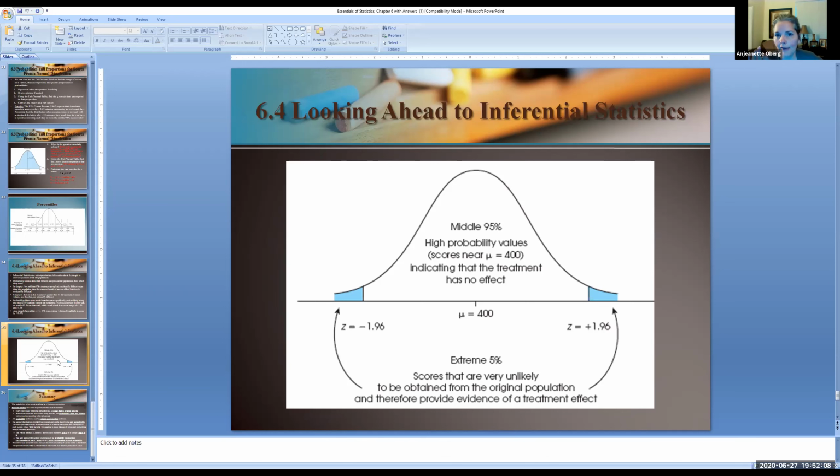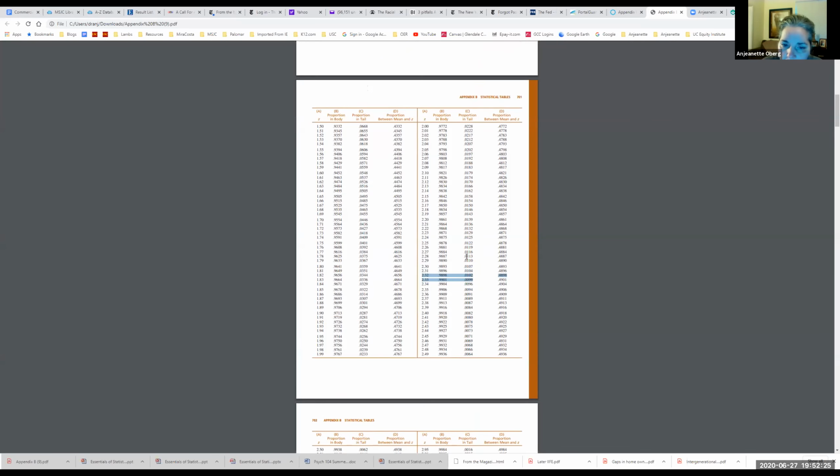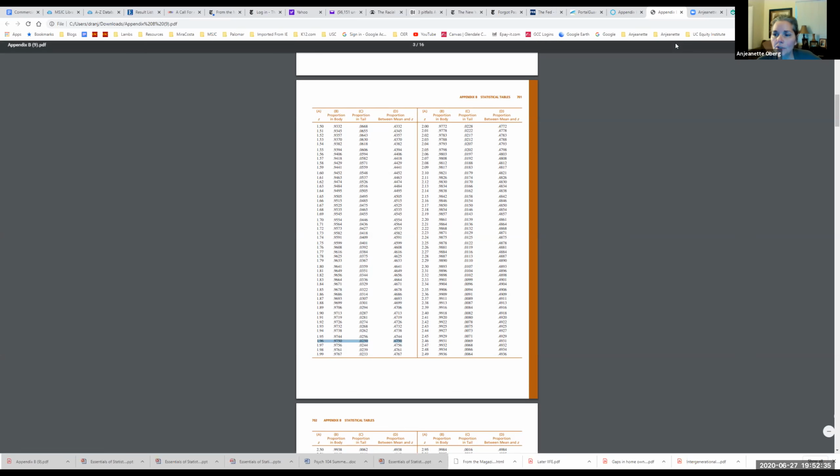Precisely, if we're looking at a 5% probability, when we look at the unit normal table, a 5% probability dividing it on both sides, so 5% divided by 2 is 2.5% in the tail. And when we look up 2.5% in the tail, we're actually looking at a 1.96 z-score. So ultimately, we're establishing a critical region that corresponds to less than 5% probability.